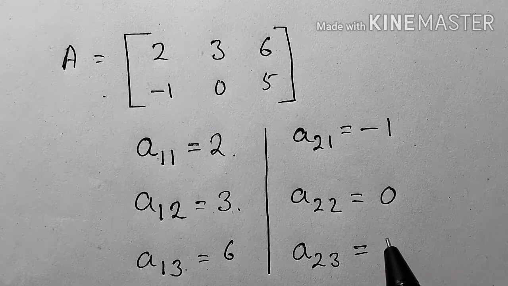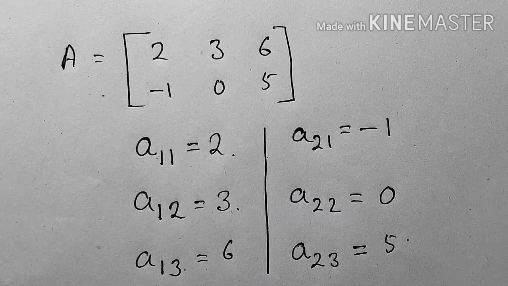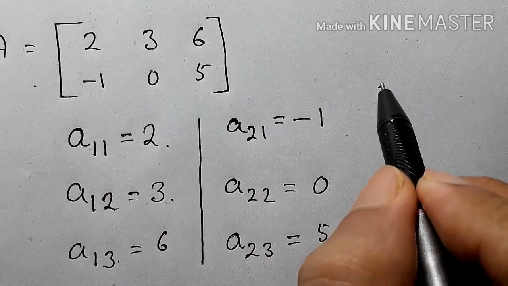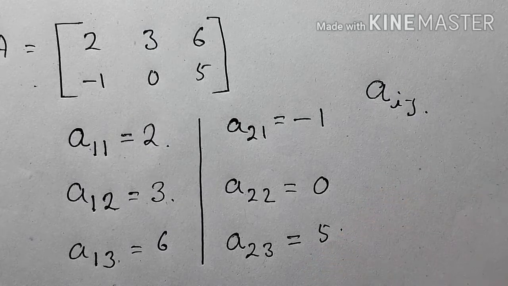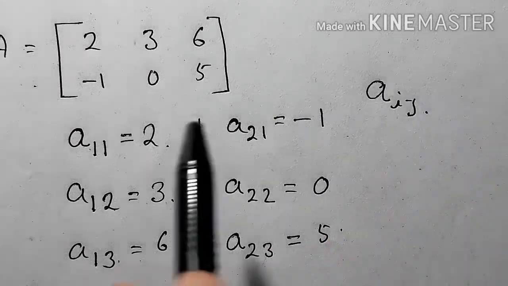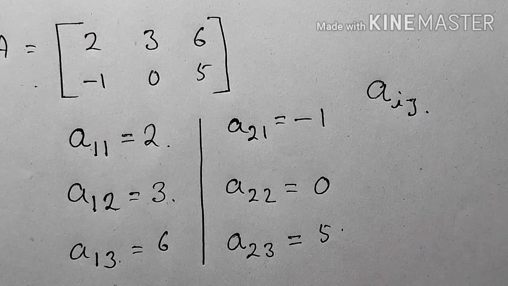This one is 5. So in general, we can represent any element like this: A, i, j. Here i is row number, j is column number.